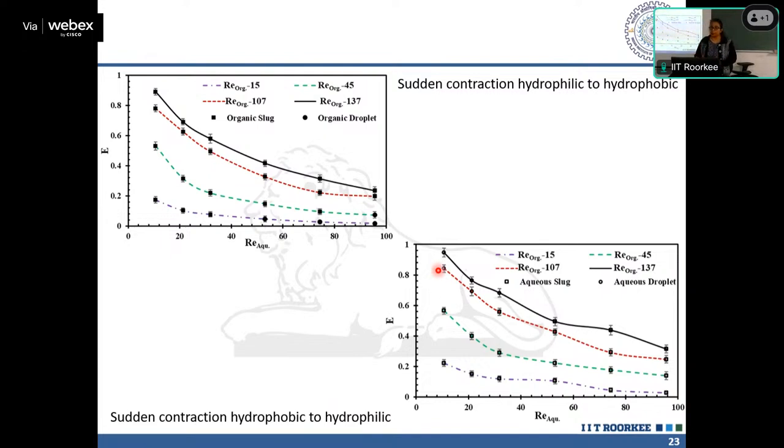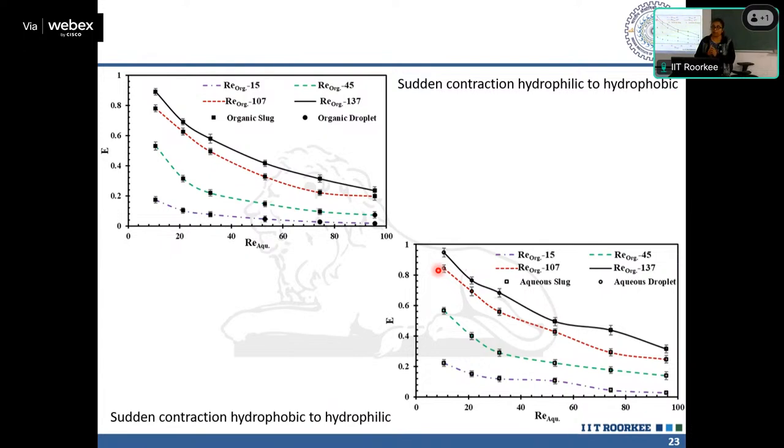You can conclude or generalize in a way that a sudden contraction can obviously enhance mass transfer, and if there is a change in wettability, it should not be just a matter of hydrophobic or hydrophilic.